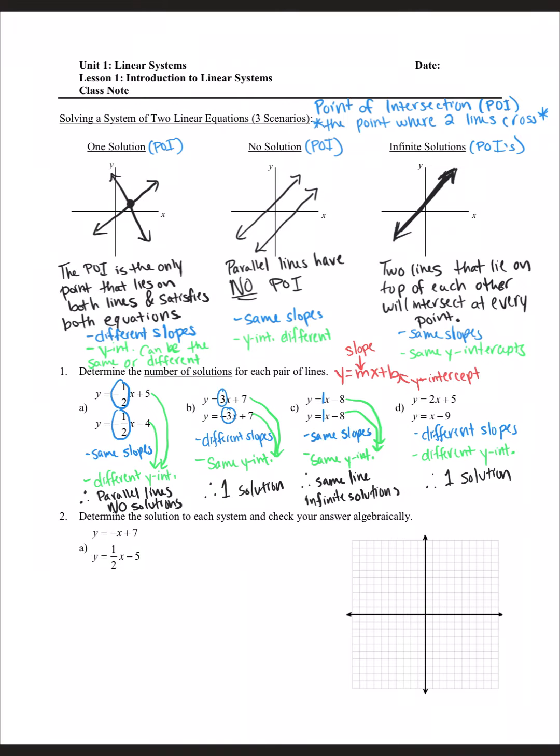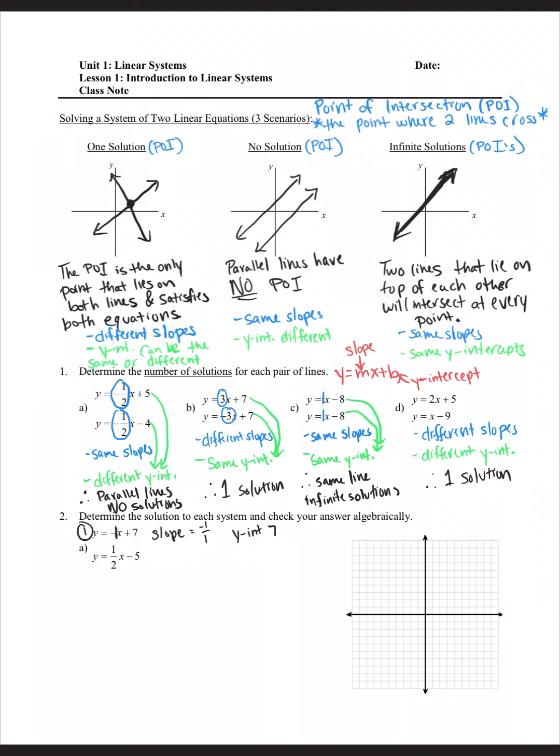If we look at our first equation, we'll say that this is equation 1. We can figure out what our slope is. There's nothing in front of my x here but a negative, so it's implied that it's a -1. So we'll say that our slope is -1 over 1, because we always want to have that rise over run, and our y-intercept is +7.